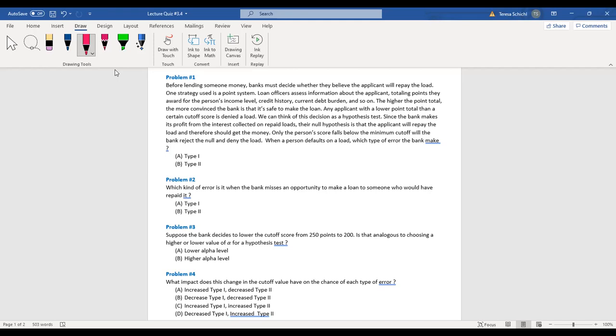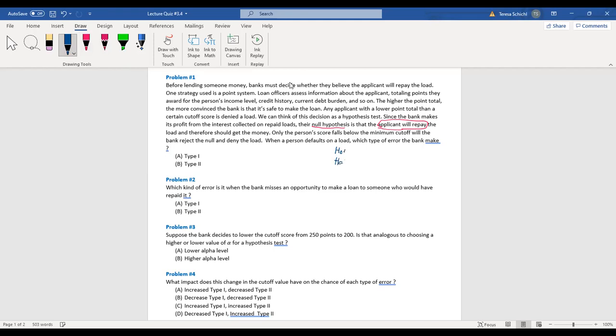All right, so when we try to do these types of questions, the first thing is to look at what type of hypothesis this bank is going to test. Let's highlight all the important information. The hypothesis here is that the applicant will repay. First, I recommend you just write it out, before you even look at the answers.